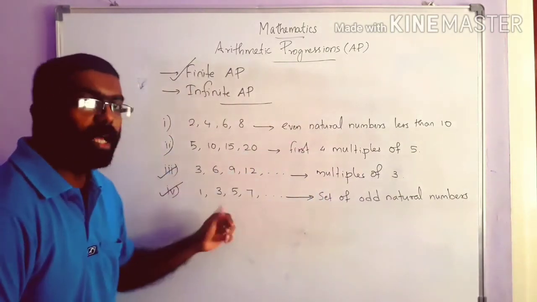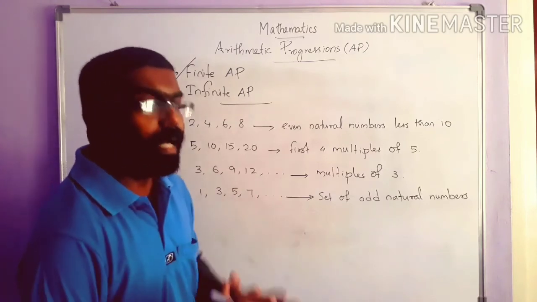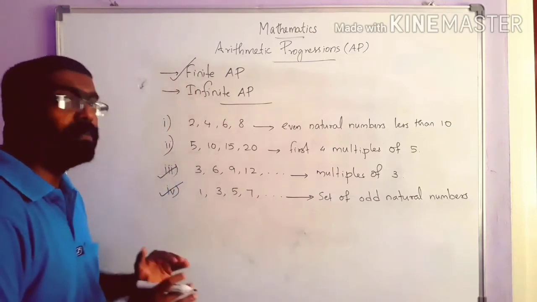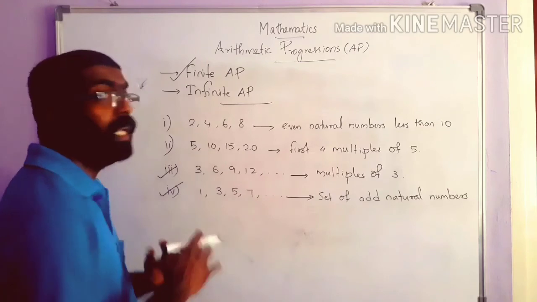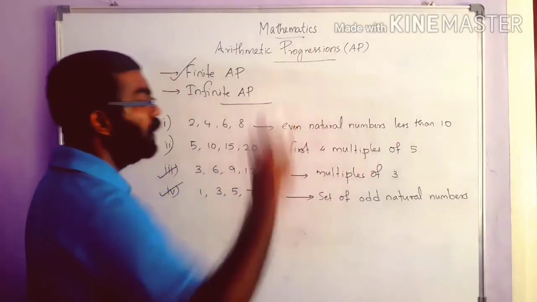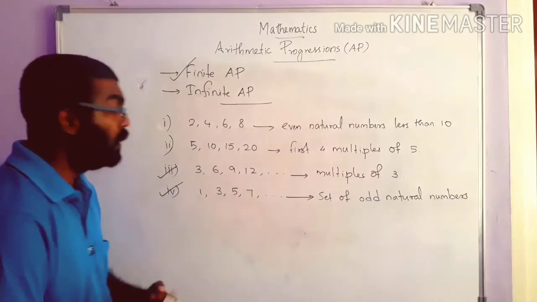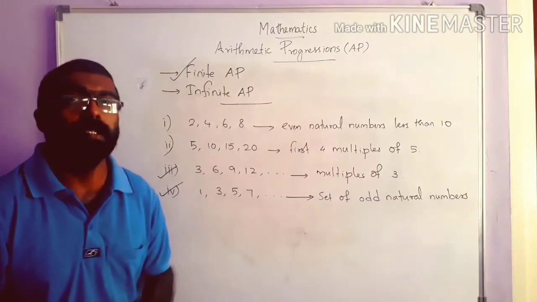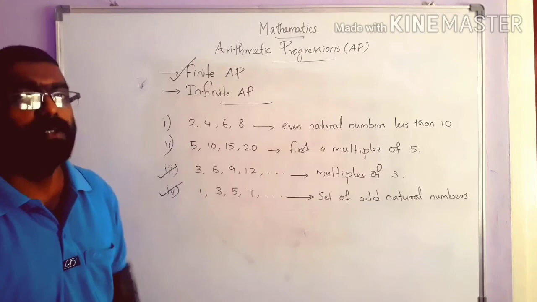If you observe these two examples, you can easily identify that the number of terms in the sequence is infinite. 3, 6, 9, 12 and so on. It goes on. The sequence doesn't have an end. So these types of sequences are called infinite sequences.